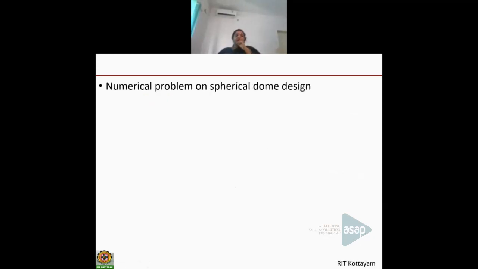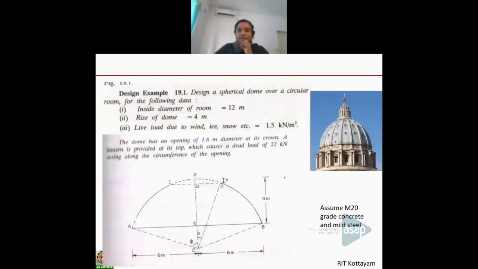So with that background, let's go to the design of a spherical dome. For your university exam, sometimes the problem will be asked. The second choice is they might ask you to write the theory and the design steps. This I also discussed in the last class.